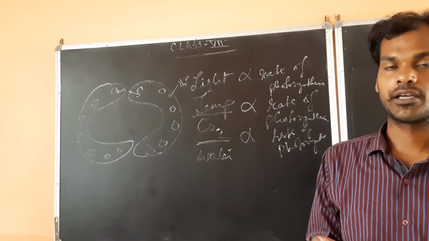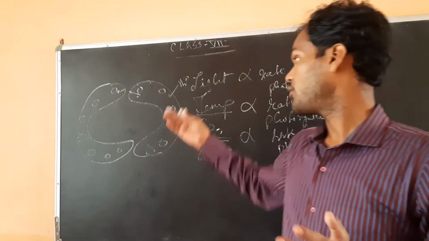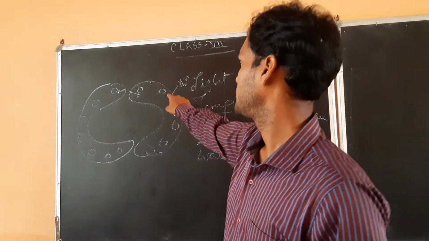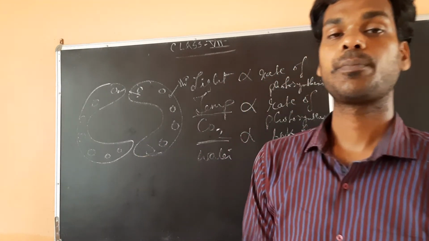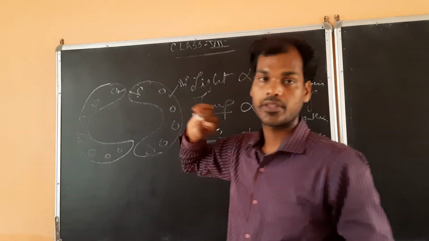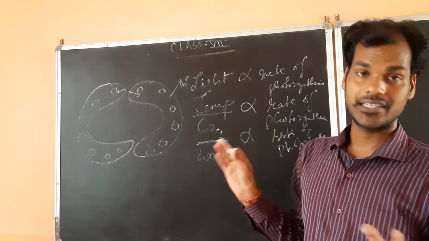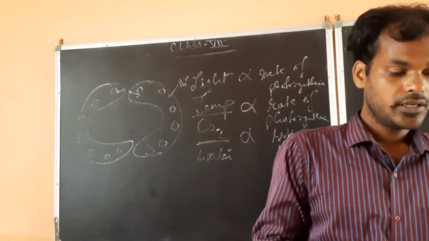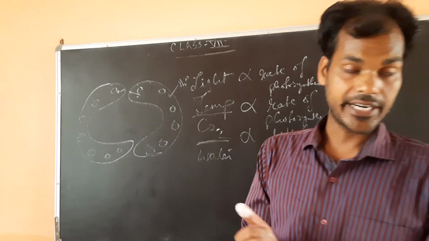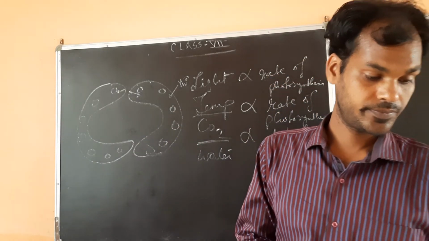That is during the daytime, but during the night time, water from the guard cells moves out. When the water moves out of the cell, these cells are pulled inward. The guard cells become straight and the stomata closes.